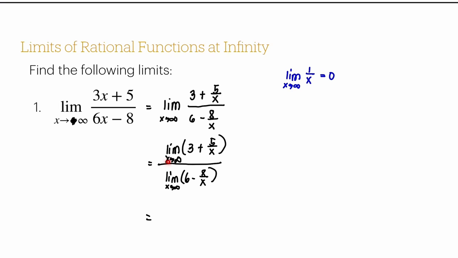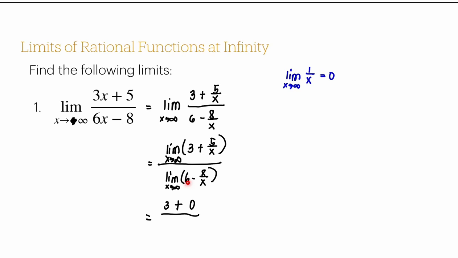So the limit of a constant as x approaches whatever value is still the constant itself, 3, plus the limit of 5 over x as x approaches infinity. Because it's a constant, we can just put the 5 before the limit. And so the limit of 5 over x as x approaches infinity is just equal to 0.